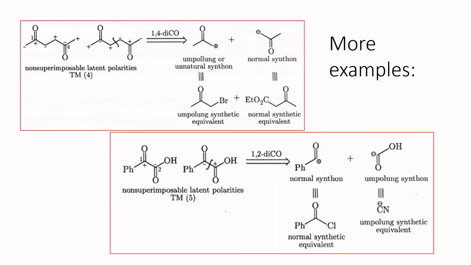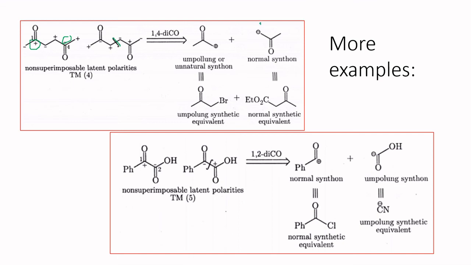Let's take a look at the 1,4: 1, 2, 3, 4. If we look at the charge, the polarity is not the same. Normally in this case, when we disconnect, it will result in one normal synthon and one umpolung, or unnatural, synthon.